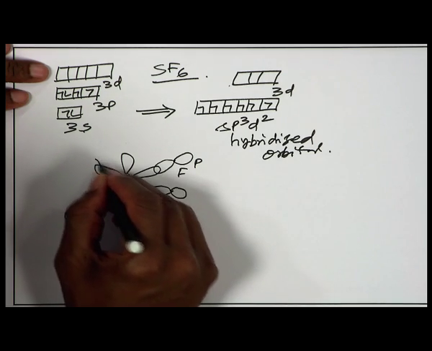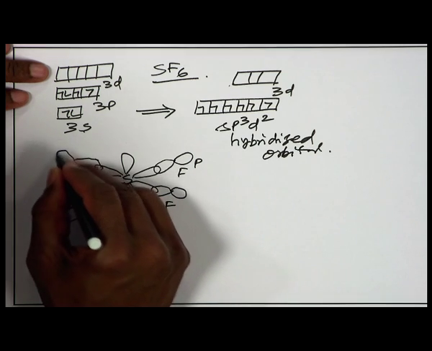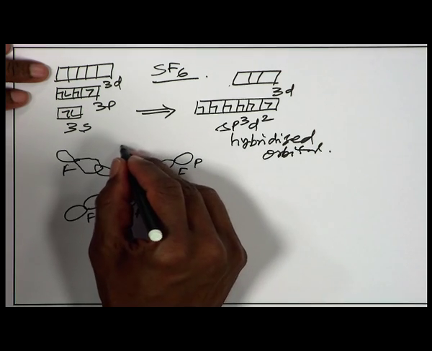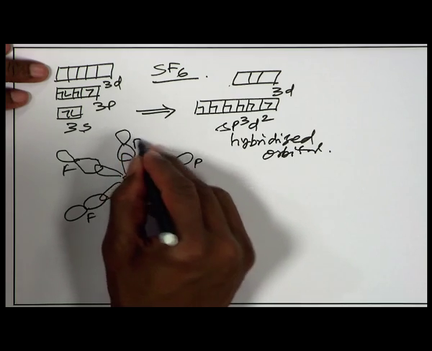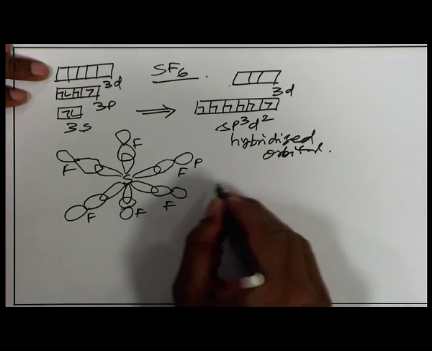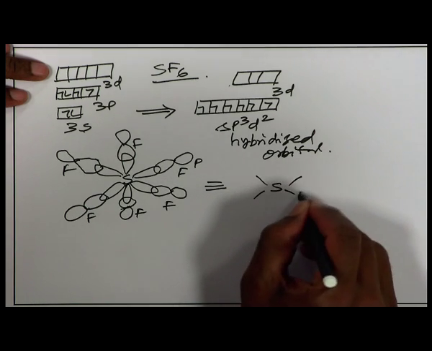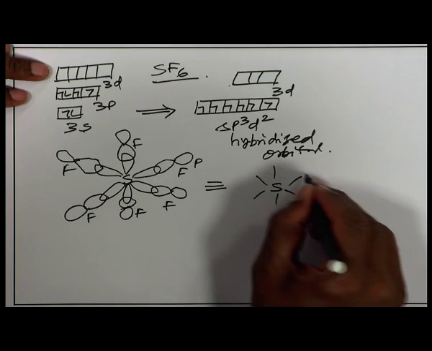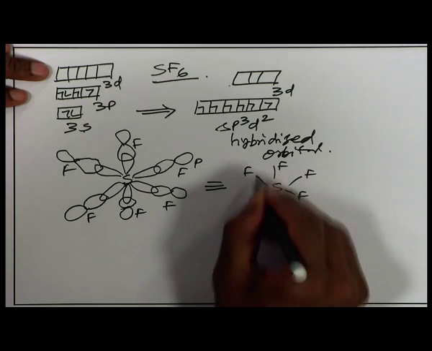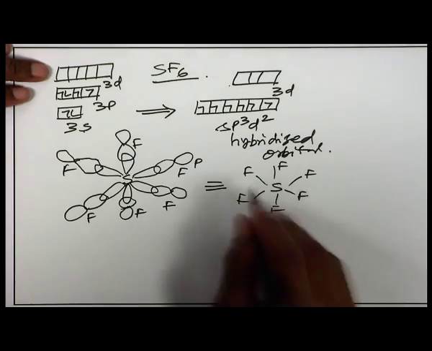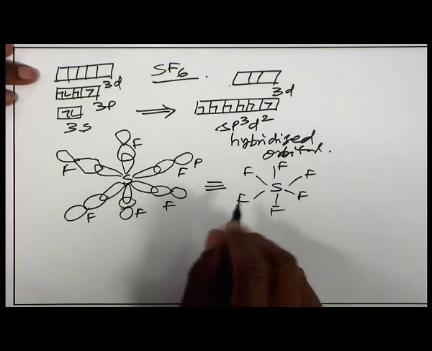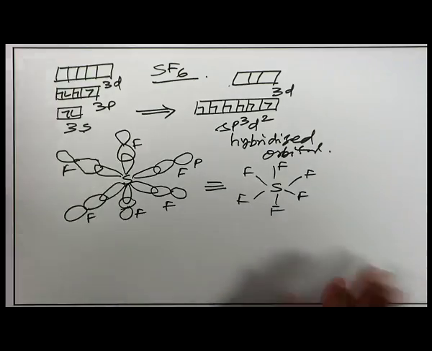Fluorine, fluorine, fluorine. So, this is sulfur, like that. It has an octahedral geometry.